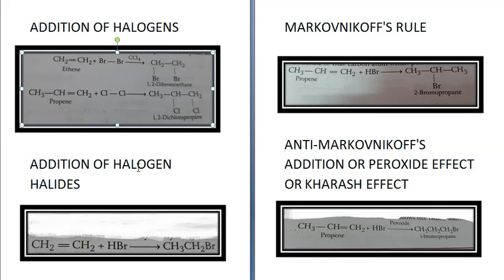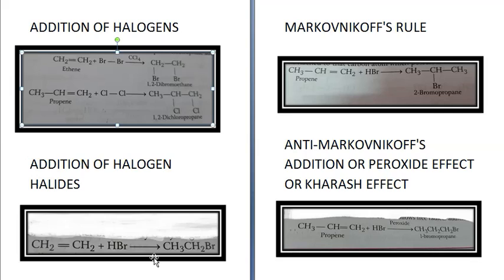Next is addition of hydrogen halides. The order of reactivity of hydrogen halides is hydrogen iodide most reactive, then hydrogen bromide, and least reactive is hydrogen chloride. So CH2=CH2 plus HBr gives you CH3CH2Br.